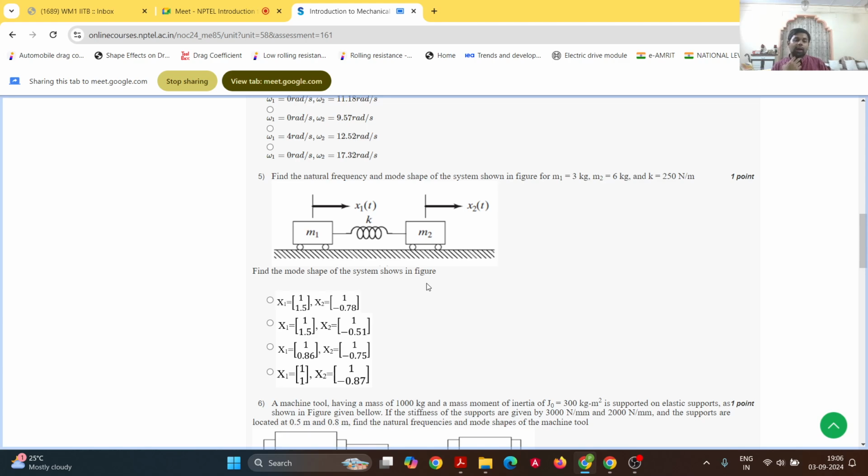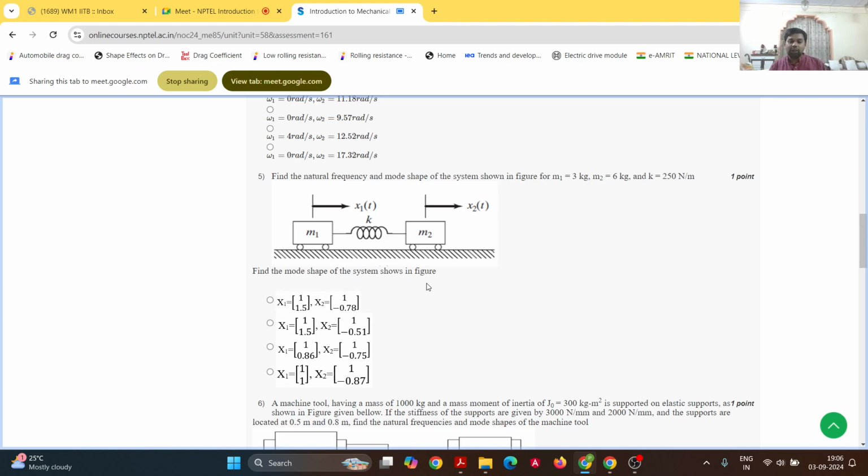Yeah, I am going to start from scratch, from the very basics, because when you move to multi-degree of freedom systems, the approach uses this concept of eigenvalues and eigenvectors. So we'll go through that, and hopefully some of those doubts will get cleared.